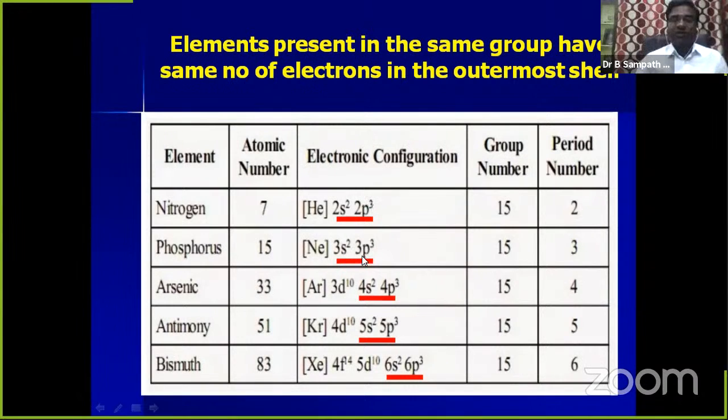Here also 3s2, 3p3, 4s2, 4p3, 5s2, 5p3, 6s2, 6p3. So all have only 5 valence electrons. So here the group number is 5A or the 15th group. So elements present in the same group have the same number of electrons in the outermost shell.